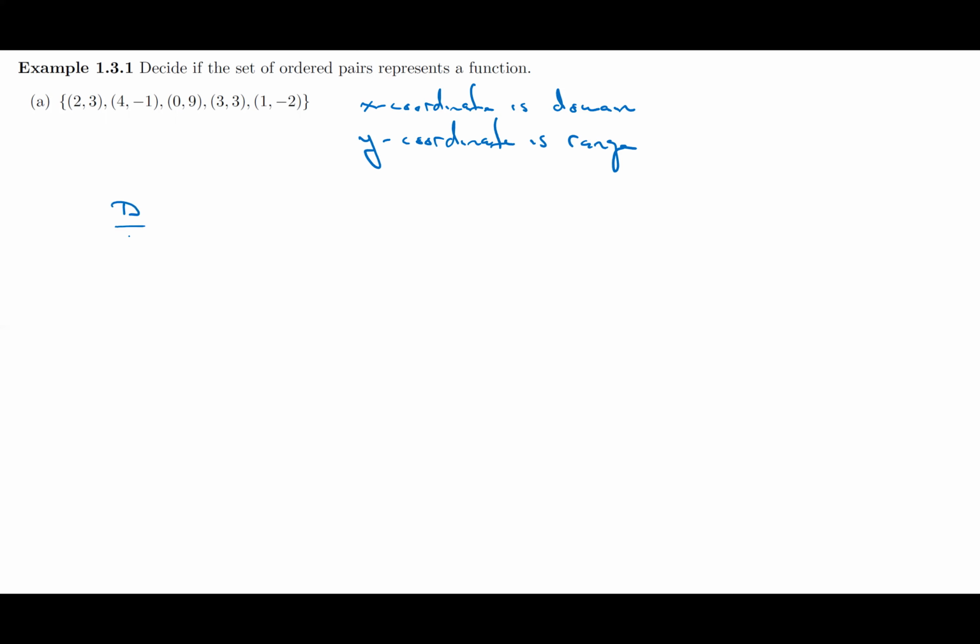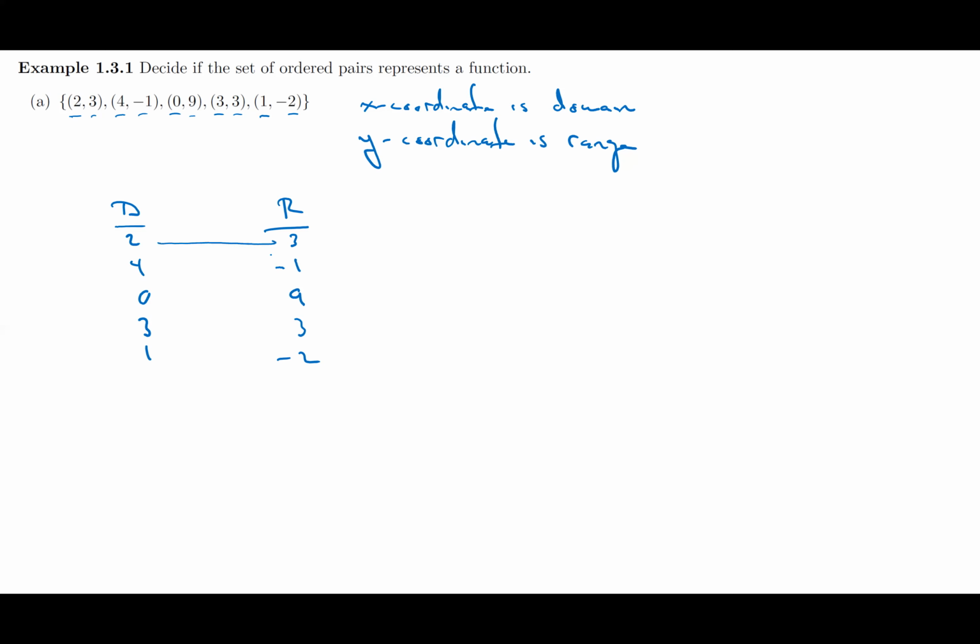So I could look at the domain here and say the domain is 2, 4, 0, 3, 1, right? I'm just looking at these first values. The range is 3, -1, 9, 3, and -2, the y coordinates.